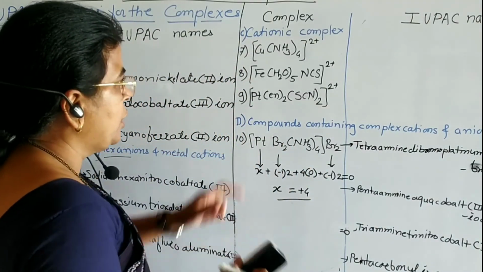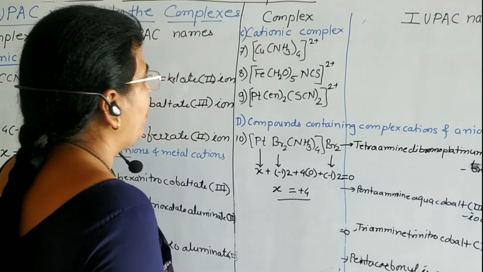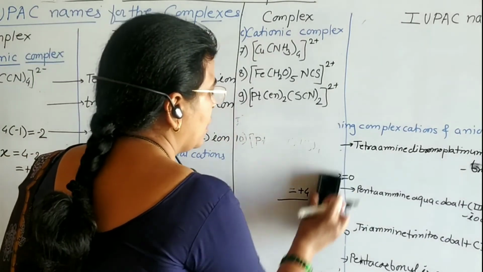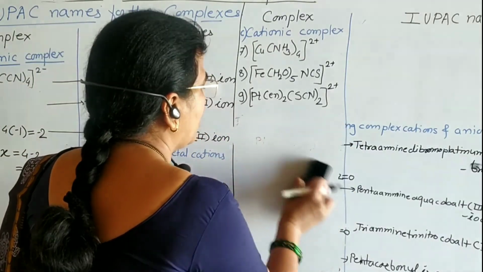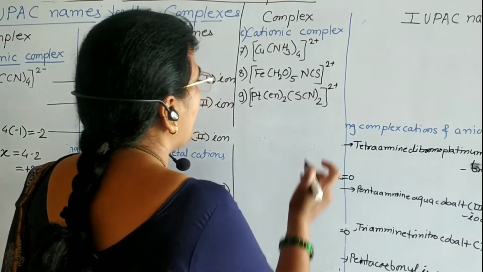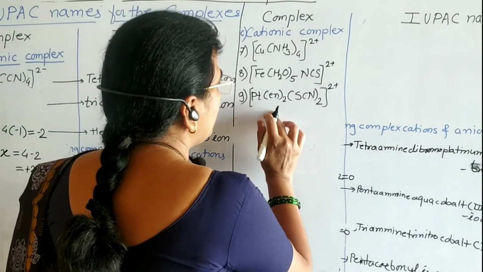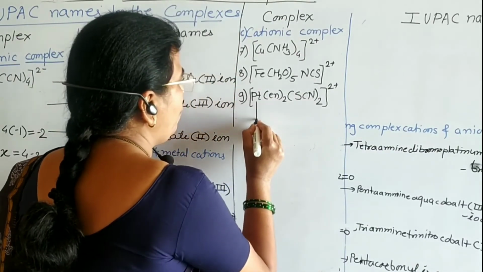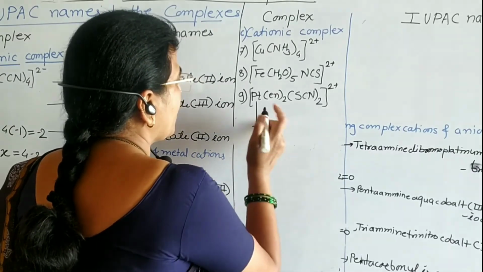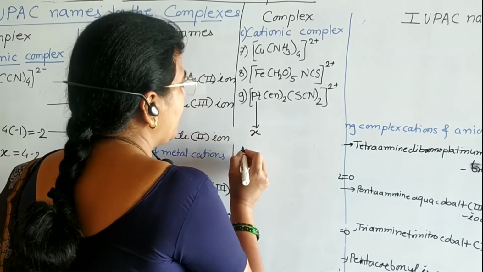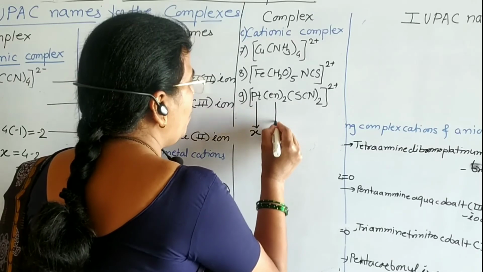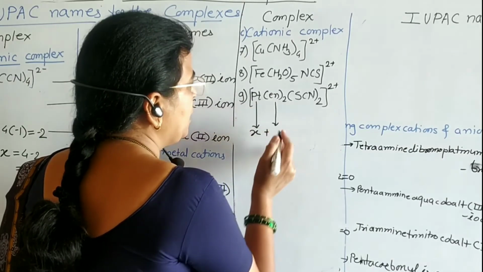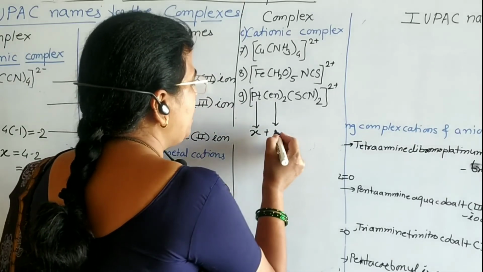Now we are going to see the nomenclature of cationic complex. Now first this one. First calculate the oxidation state of platinum. Oxidation state of platinum, consider it as X. Now oxidation state of en. En is nothing but ethylene diamine. It is 0.